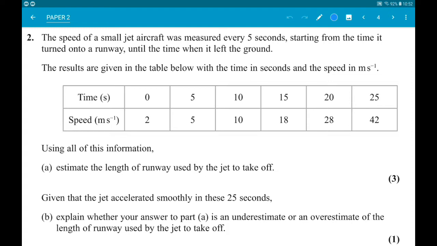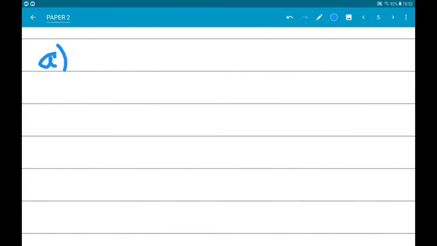Now, the way that I thought about it was if we drew the graph of each 5 seconds, then we would have a load of trapeziums. Now the area of the trapeziums would give us an estimate of the length or distance travelled.